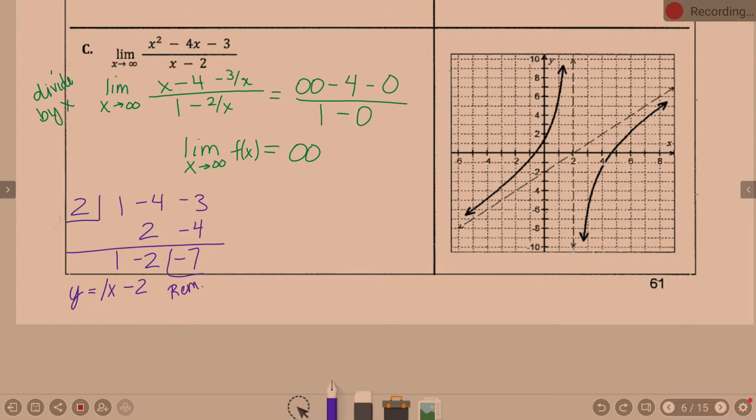So we have a slant asymptote at y equals 1x minus 2, plus -7 over x minus 2. But notice, -2, rise 1, run 1, rise 1, run 1. That matches up, doesn't it? So that is our slant asymptote of y equals x minus 2.